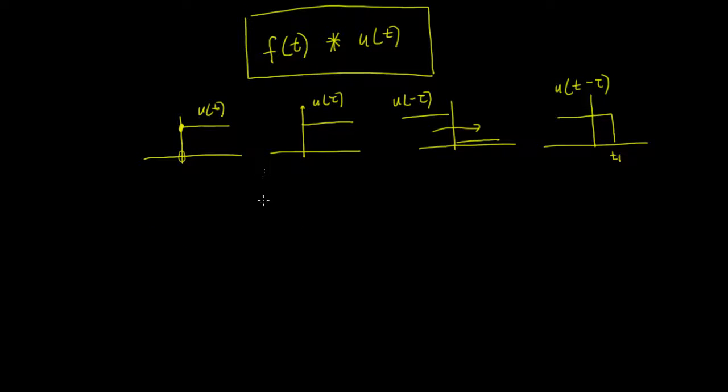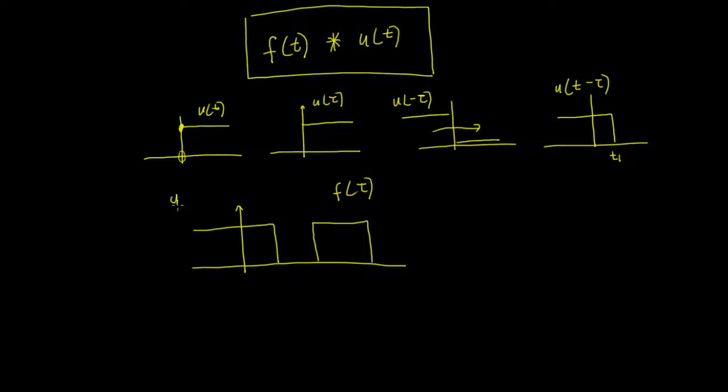Now what we're going to do is, if I draw it in a big axis there, we're going to take this function now and replace the variable f of t with f of tau. Okay, so that's f of tau, and we have this other function u of t minus tau, and I'll just draw it in this axis here.